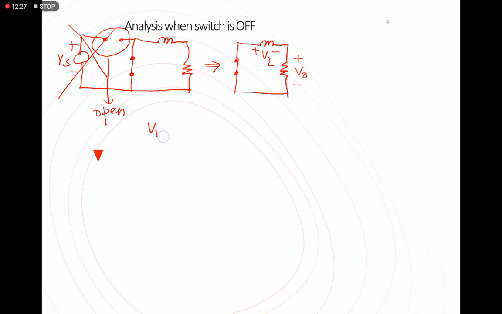So your VL will be equal to V0 minus Vs. Oh, sorry, I got it wrong. It should be Vs minus V0.